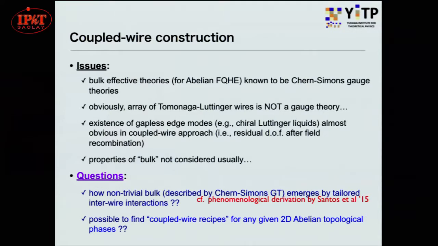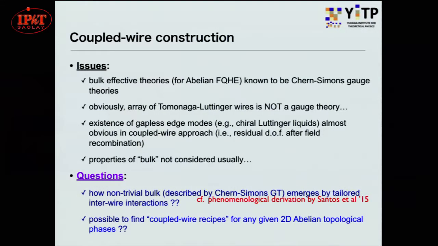Now I hope you understood the spirit of the coupled wire construction. Here are several issues. Clearly, the bulk effective theories are known to be Chern-Simons gauge theories. And clearly, the idea of a Tomonaga-Luttinger liquid is not at all topological. So the natural question is how a non-trivial bulk topological state emerges from the coupled array of wires.